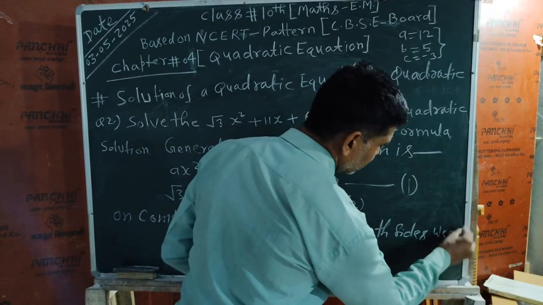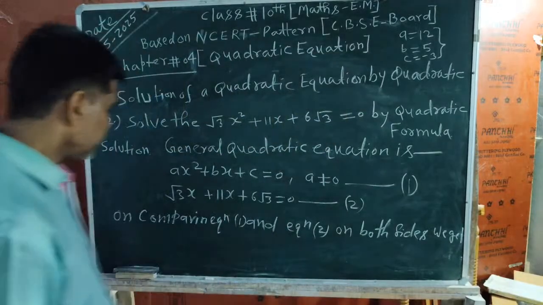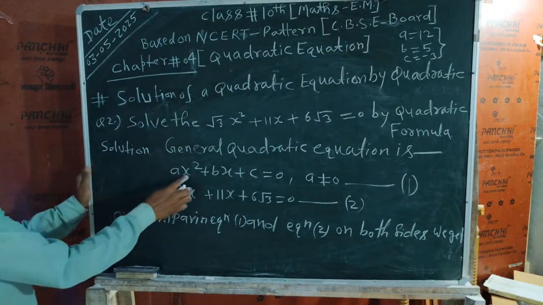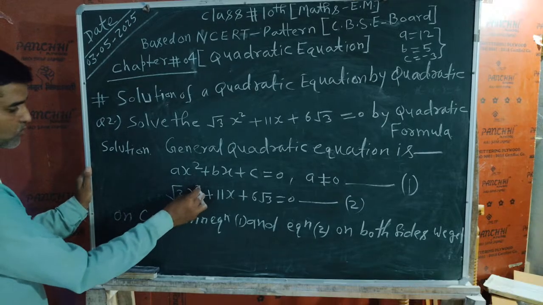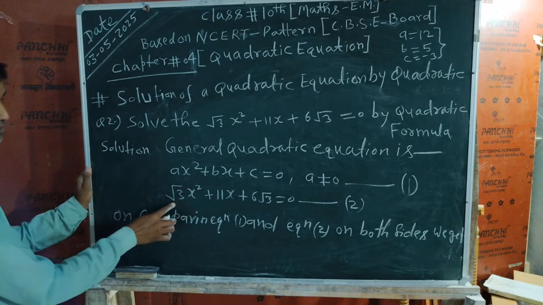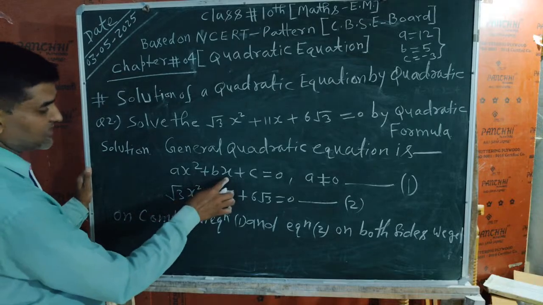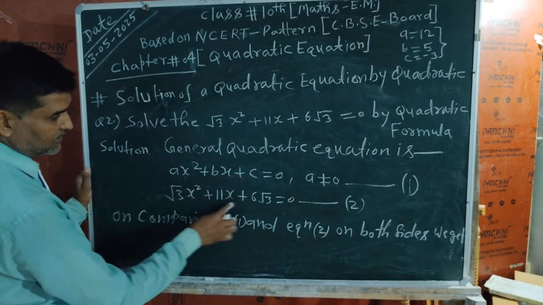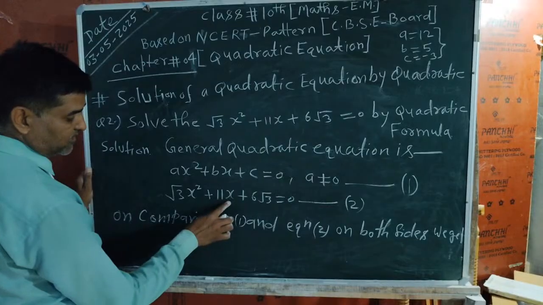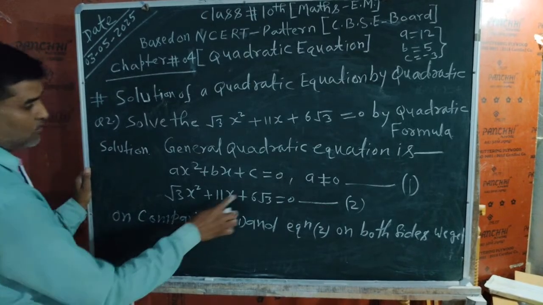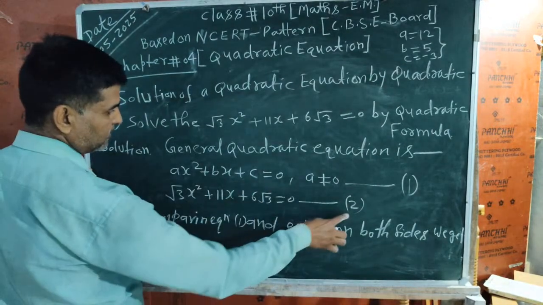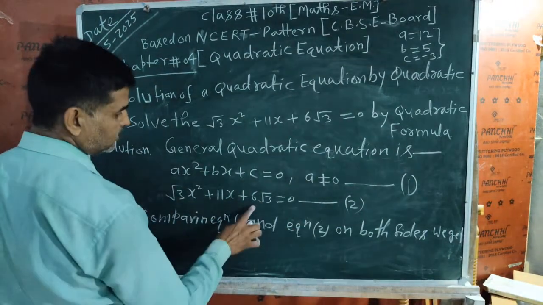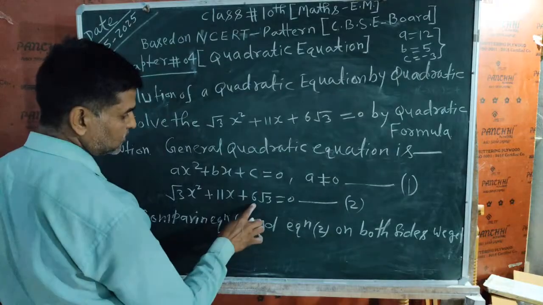So after comparing, we will get: in equation 1 the coefficient of x square is a, and in equation 2 the coefficient of x square is root 3. Here the coefficient of x is b, but in equation number 2 the coefficient of x is 11. In equation number 1 the constant term is c, but in equation number 2 the constant is 6 root 3.